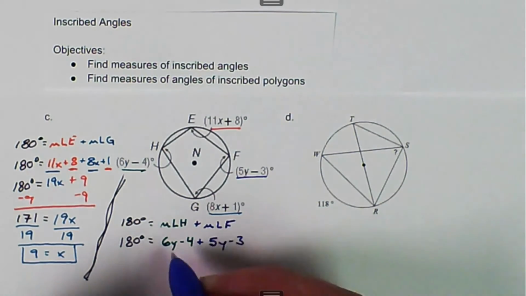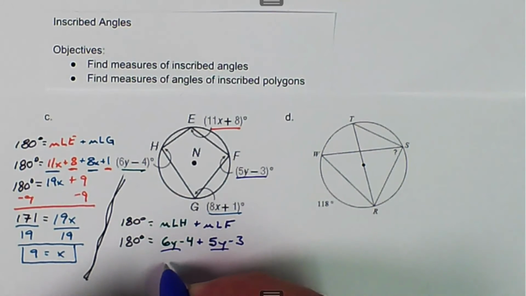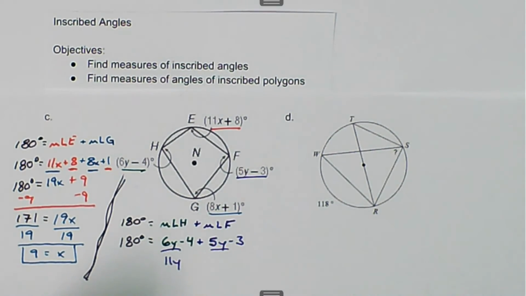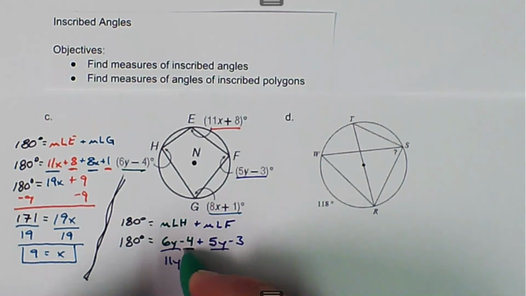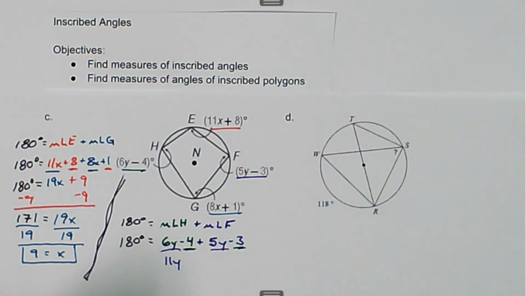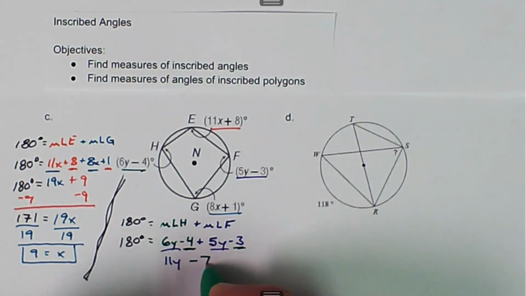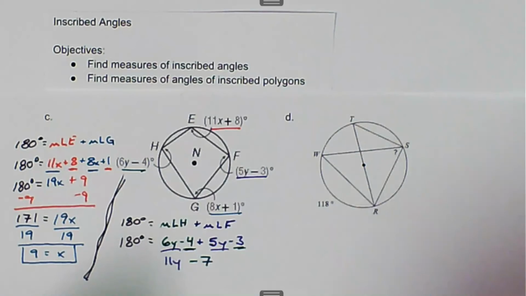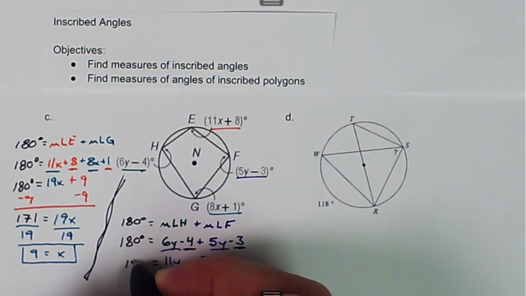We can combine like terms. We have a 6y and a 5y, which becomes 11y. We have a negative 4 and a negative 3, which becomes negative 7. And that's still equal to 180 degrees.